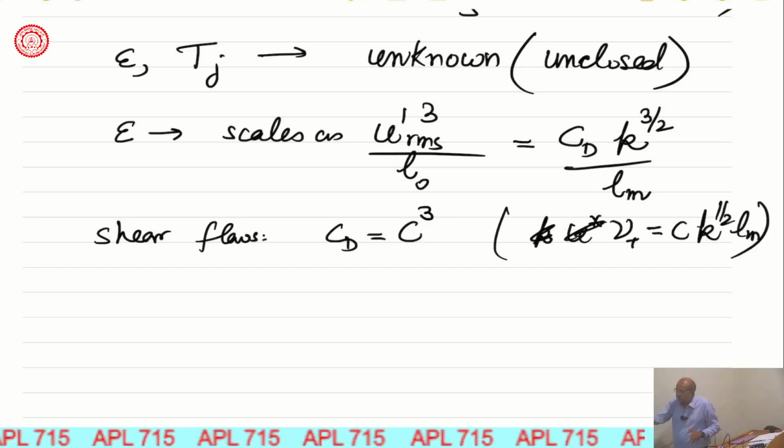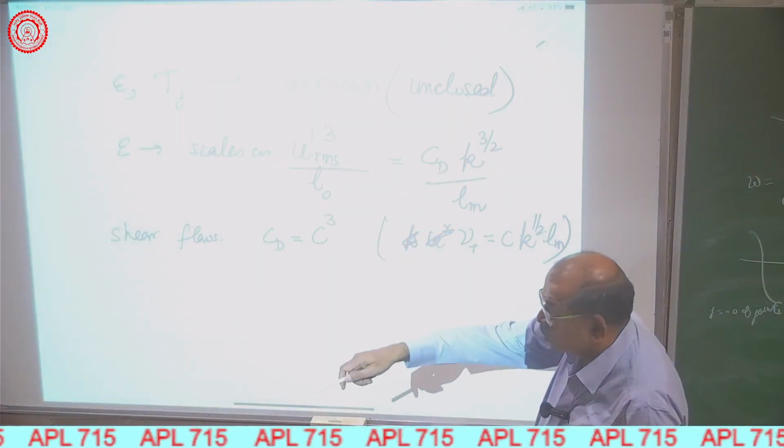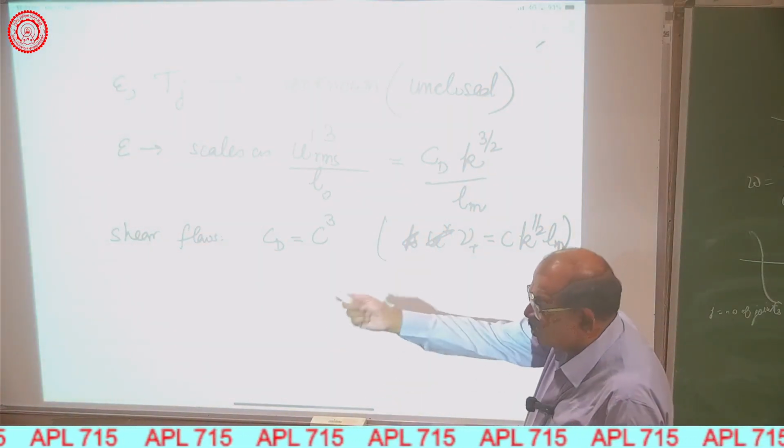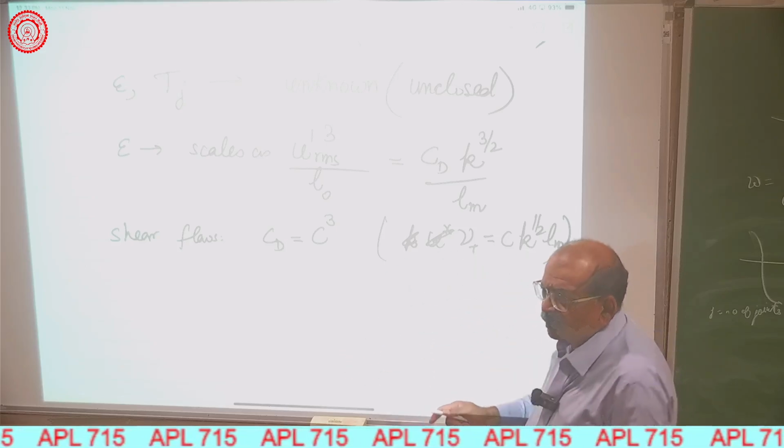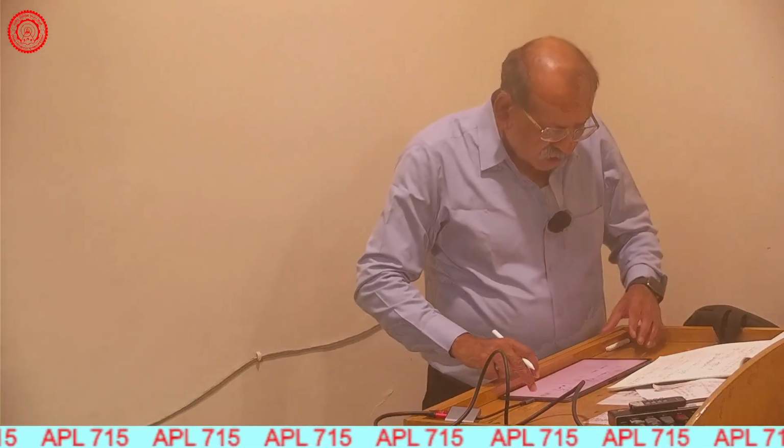If you manipulate the equations for some class of flows where you will have to use arguments like P is equal to E and things like that, then you get this form. Okay. So this is what it is.